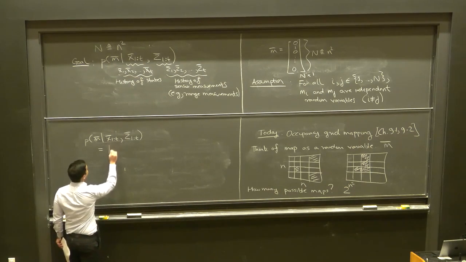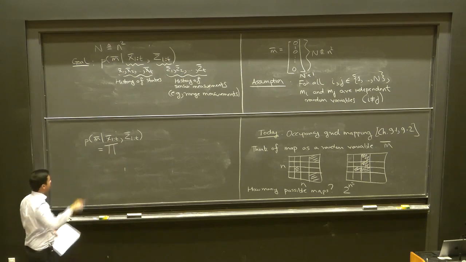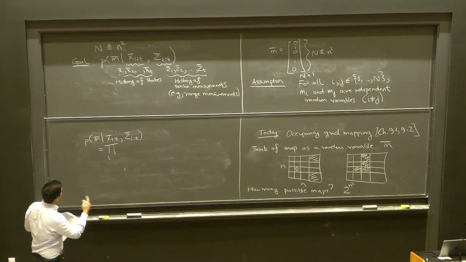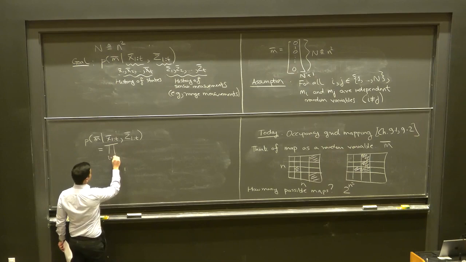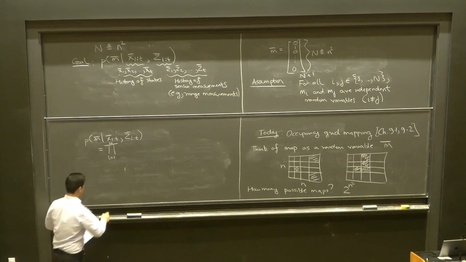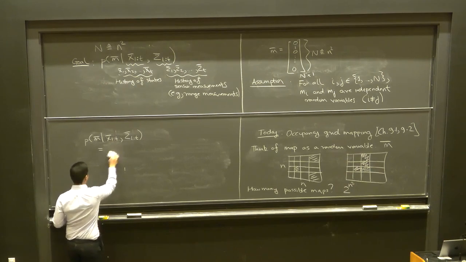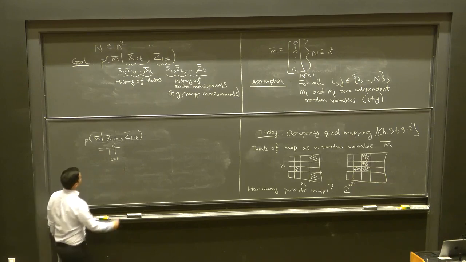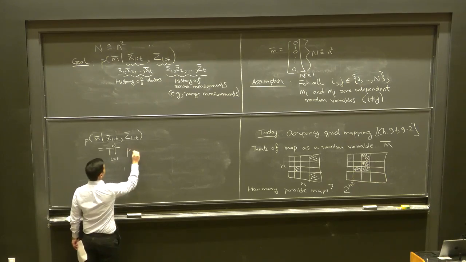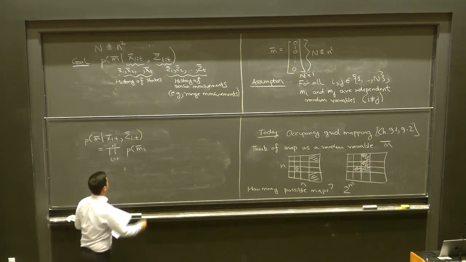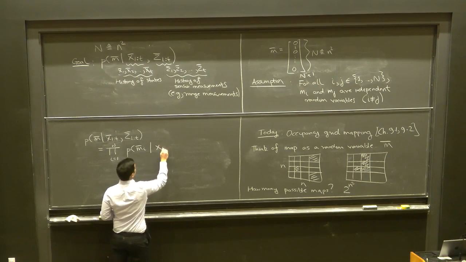It's the product, which is usually represented by this capital pi, over indices ranging from 1 through capital N, of P of mi. Is that the notation? Yep, okay, good.